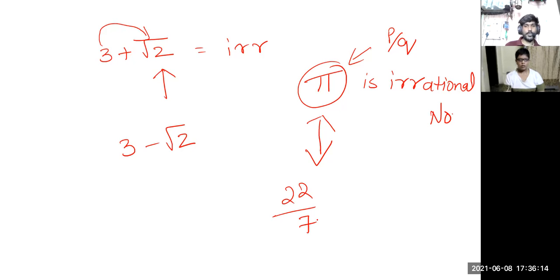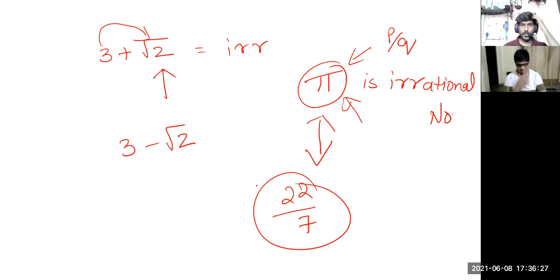Do you know what 22 upon 7 is? Pi. But I just now said pi is irrational, that means pi cannot be written in the form of P by Q. But I just now wrote it. So can you tell me what is the confusion here, or what would be the probable answer?